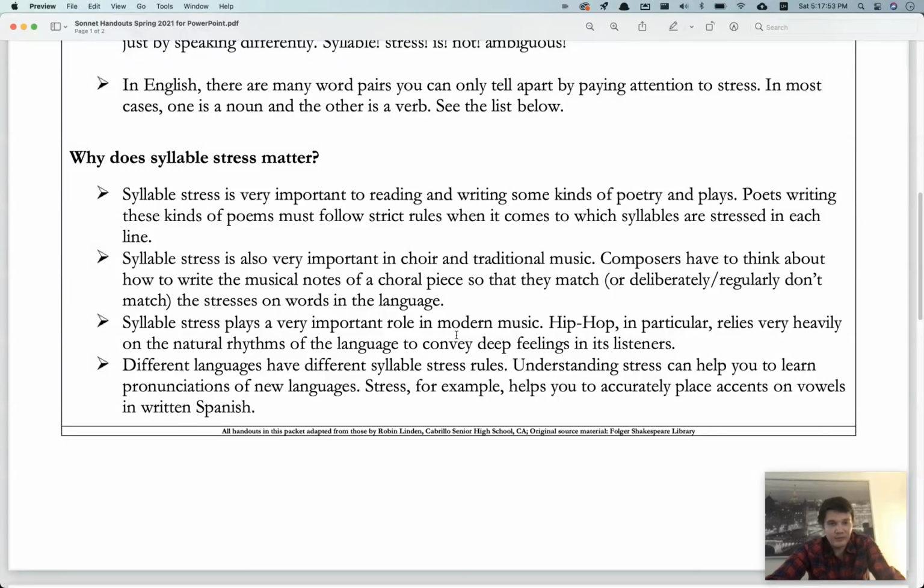Different languages have different syllable stress rules. I know that one of the most challenging things for people who are native speakers of Spanish, but who never learned in an academic place like school to write in Spanish, people are always like, where do I put the darn accent, right? The little mark on the Spanish words.